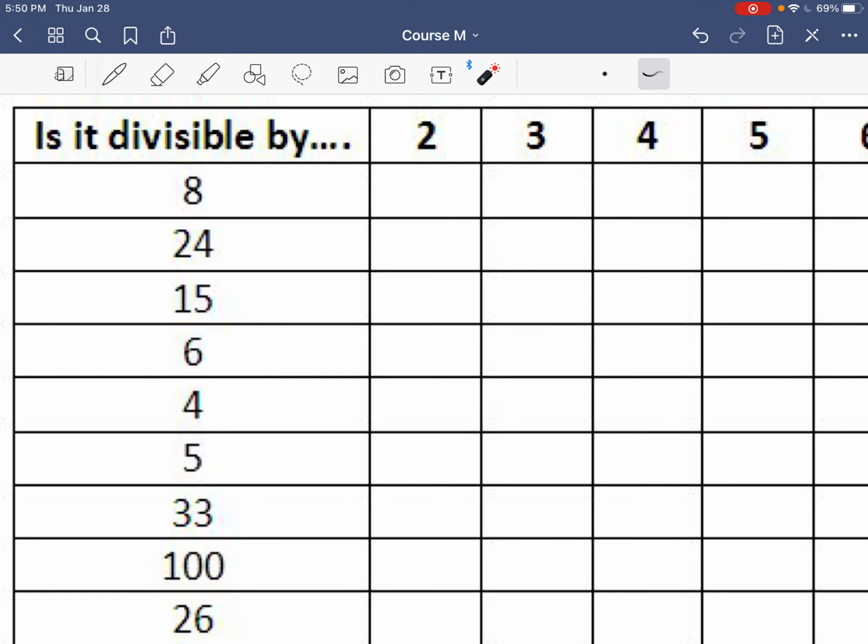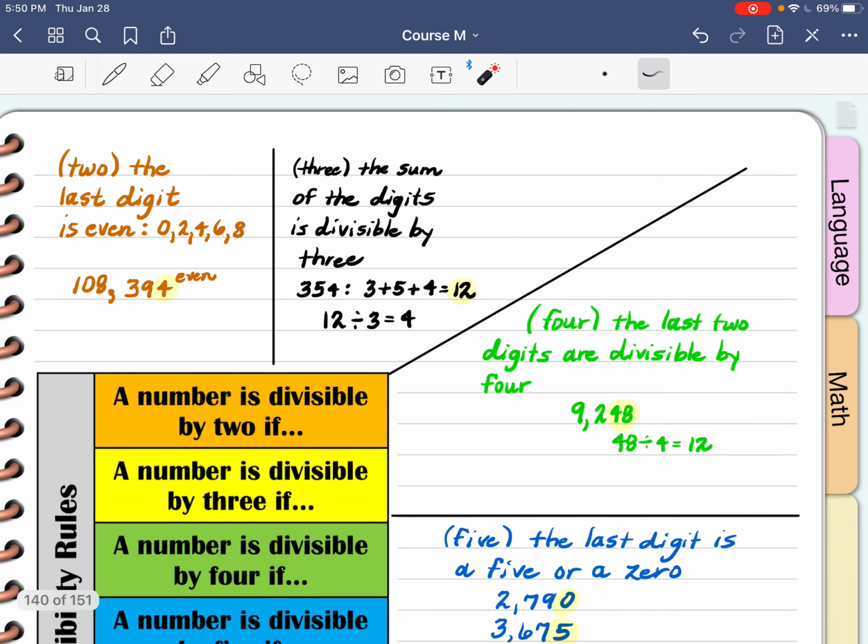We're looking at the number 8, and we want to know if 8 is divisible by 2. Now remember, the rule for 2 is that the last digit is even. So a 0, 2, 4, 6, 8.